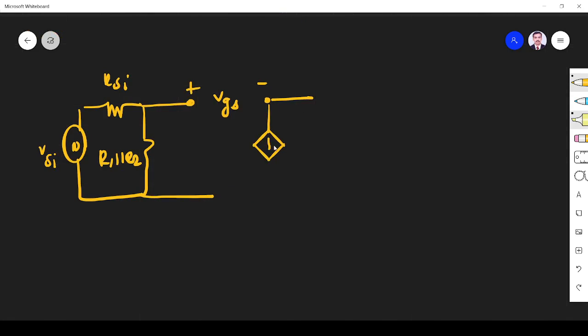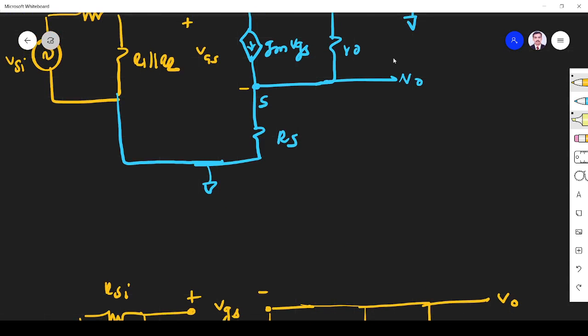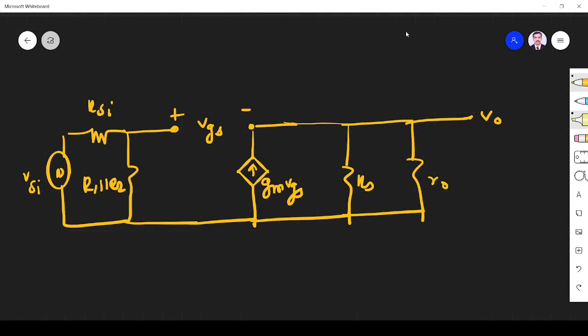The direction of the gm VGS source should be changed, so it will be like this. With that, the source resistor is grounded, and we have the resistor rO due to channel length modulation. The output is taken at the bottom, and all the bottom side comes to the top side. Okay, fine.